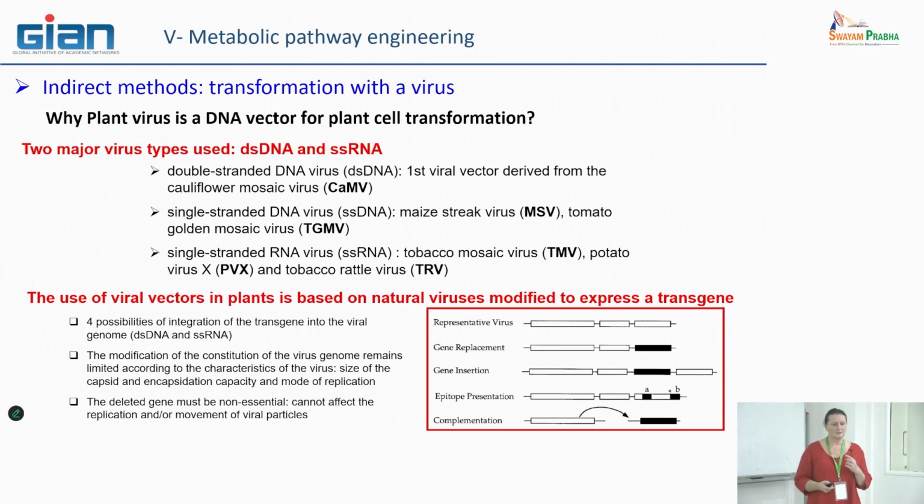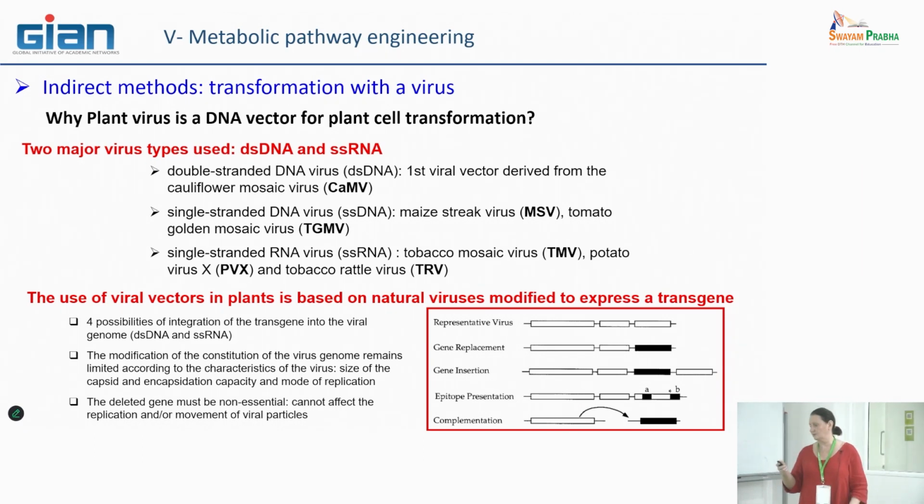The only restriction is that you need to be careful of the final size of your genome sequence, because depending on the capsid, you can't form a bigger capsid. They are genetically programmed to fit a specific volume. So if you increase the size of your DNA or RNA, it will not be possible to make new virus particles.